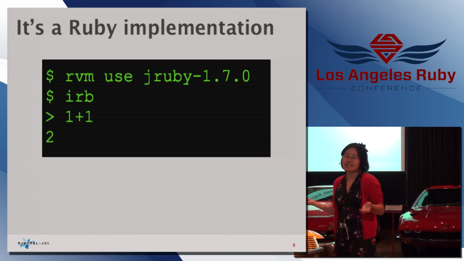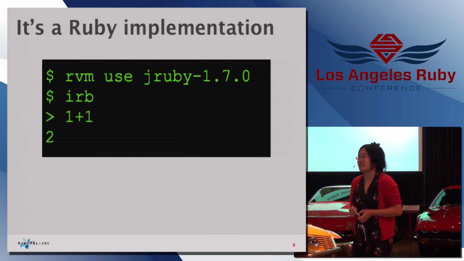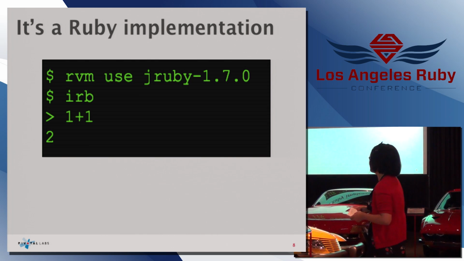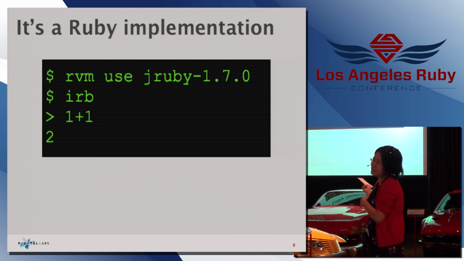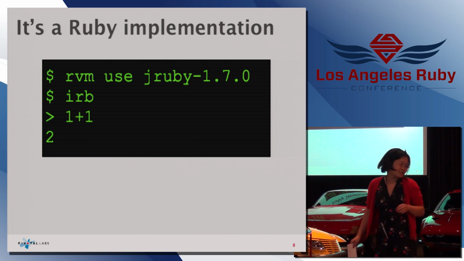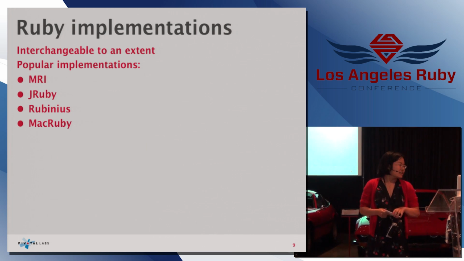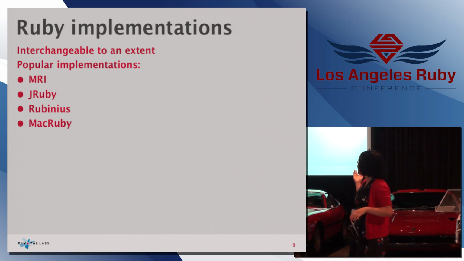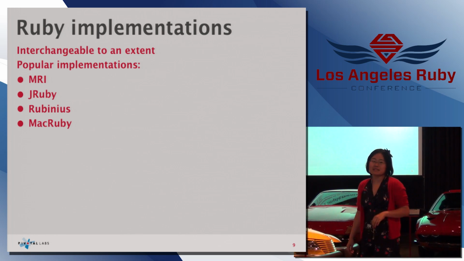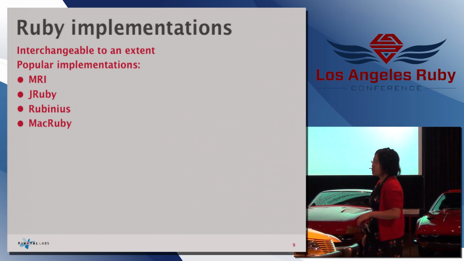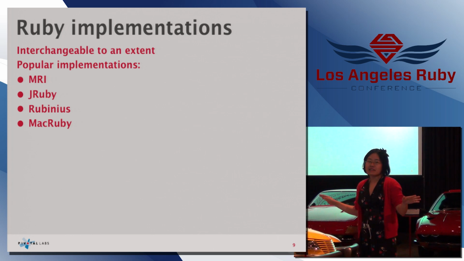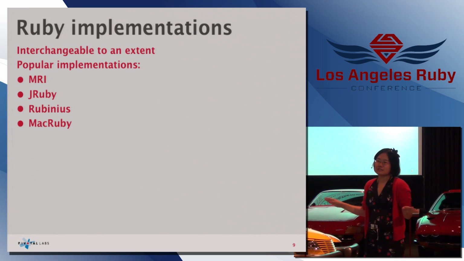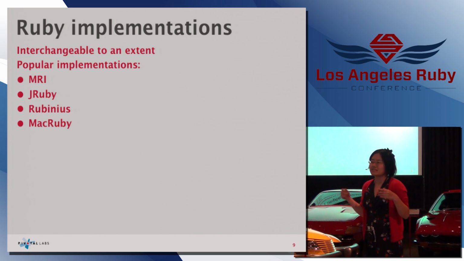And if you're not using RVM, you should consider using it or rbenv to manage your Rubies. And it's the same as normal Ruby. So they're interchangeable to an extent. Hopefully 1 + 1 is the same under all Ruby implementations. If you find that that's not true, let me know and I'll help you report a bug.